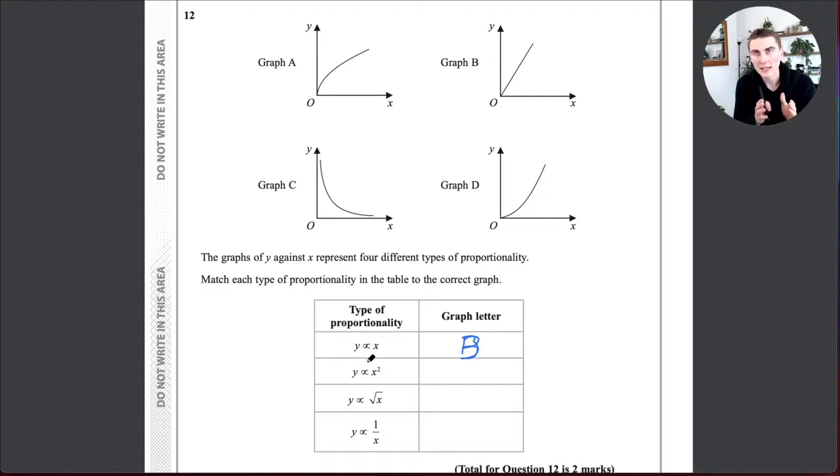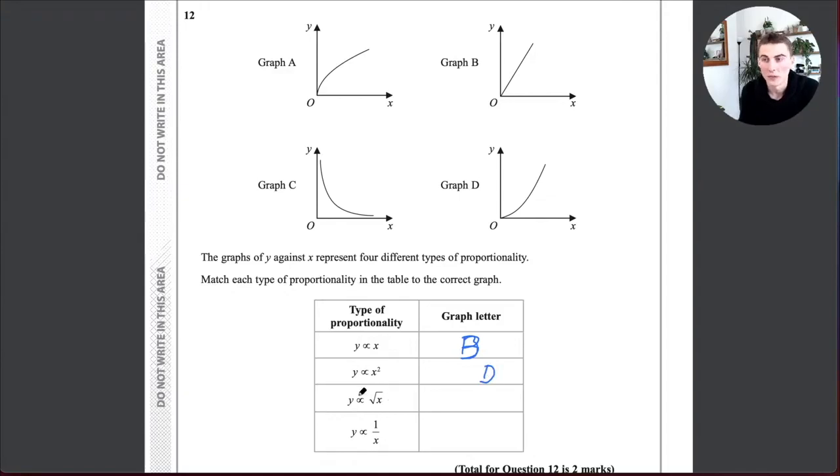This one means that as x increases, y will increase even faster because it's going up with the square of x. So this one will actually be d, because you can see that as we go off to the right, the line's getting steeper and steeper, and going up quicker and quicker. So that's this one, d.